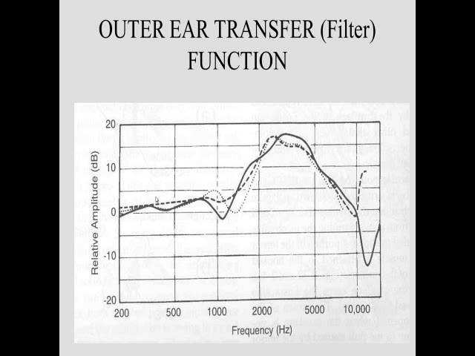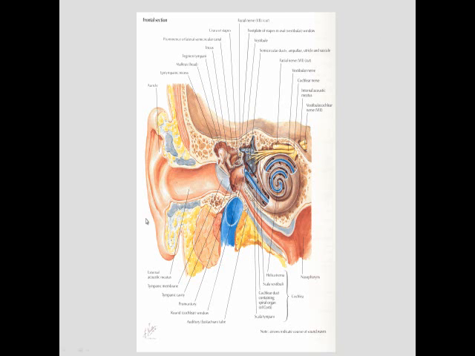To get this graph, the investigators put a microphone right here at the outside of the ear canal, and they put another microphone in here right near the eardrum. How they did this is actually much simpler than it sounds, and there are a variety of probe microphone assemblies that can do that. If you're interested in that, I would suggest audiology as a course of graduate study.